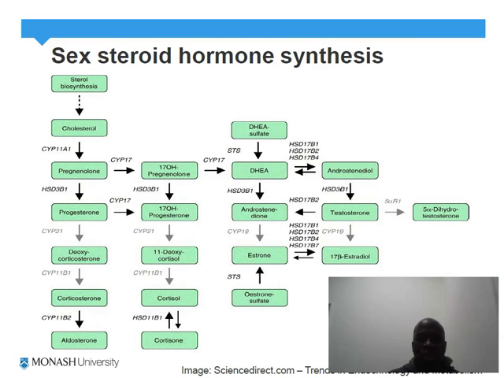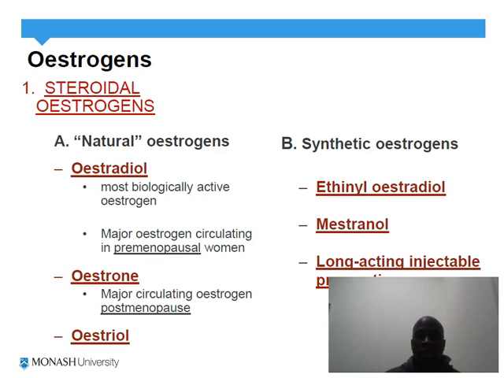I want you to study this diagram carefully, so that you know exactly which pathways it takes, and what enzymes or chemicals are involved in the production. For example, you have CYP17, CYP11. This is cytochrome P450, involved in the production of these hormones.